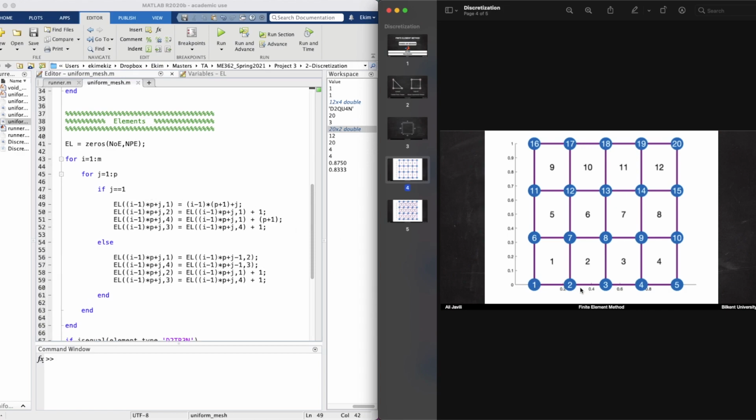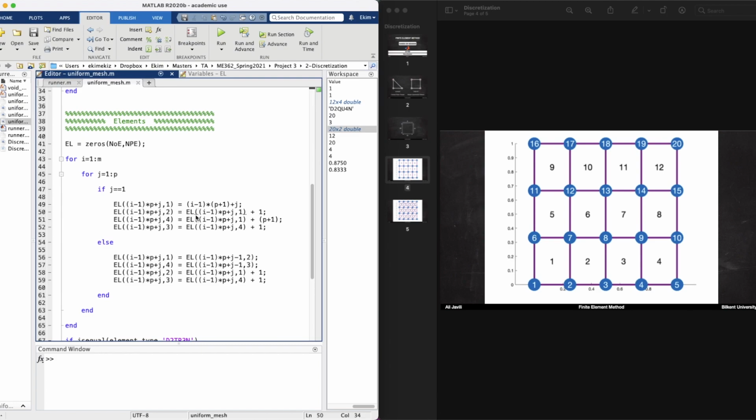So again, the second node is just that node plus 1. So you will see that these things are exactly the same. So our second node is our first node plus 1. And for our fourth node, remember this skipping logic we had?